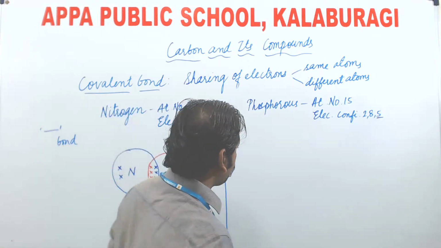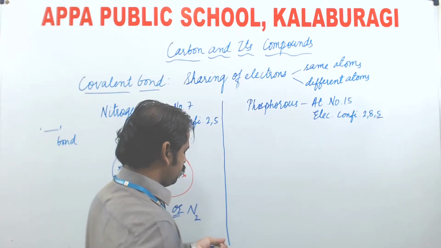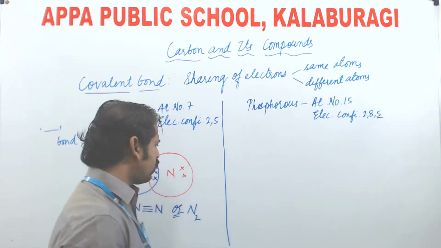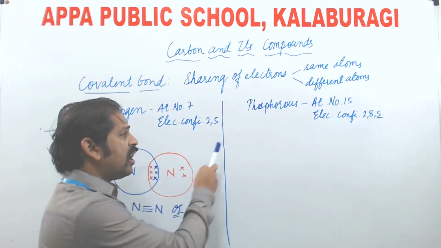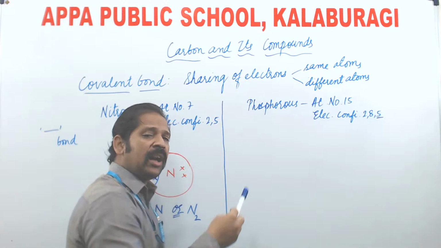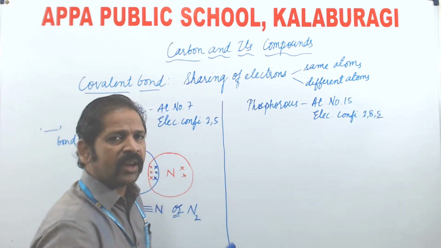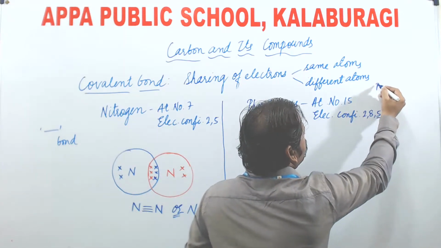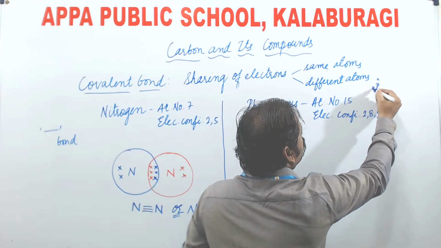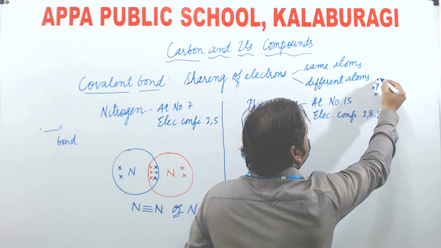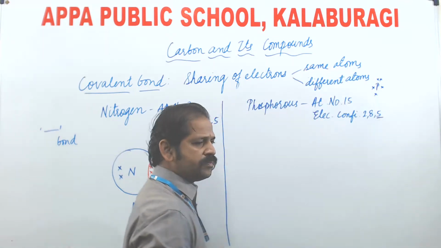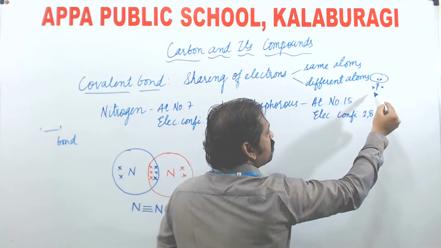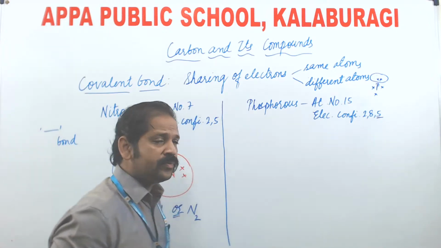Starting with the first phosphorus, five electrons are there in the outermost orbit. Out of five electrons, in the same way, two are paired, three are unpaired. If you see here, phosphorus: one electron, two electron, three electron, four electron. Fifth will be paired here. This is paired, these three are unpaired.